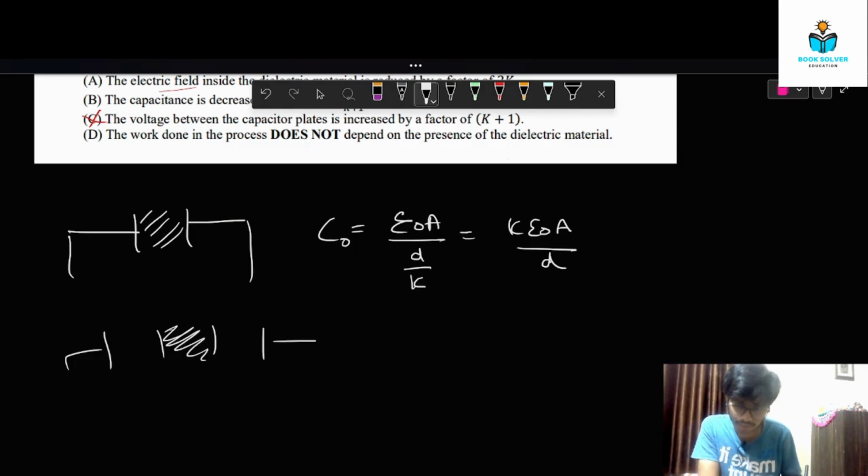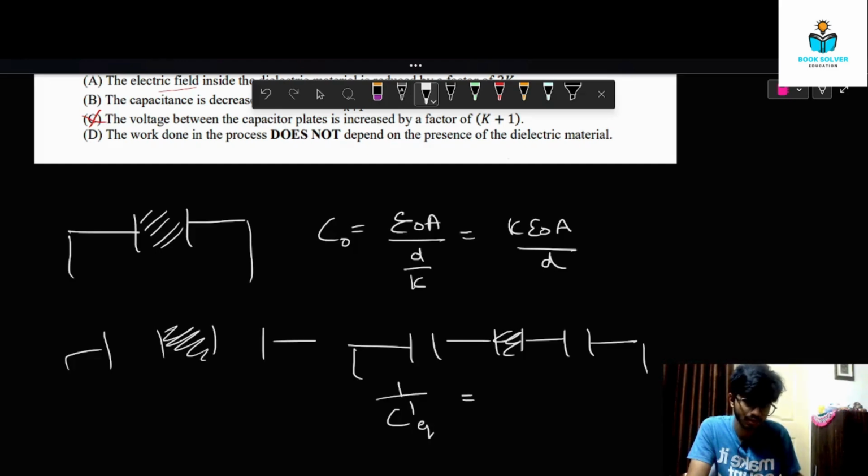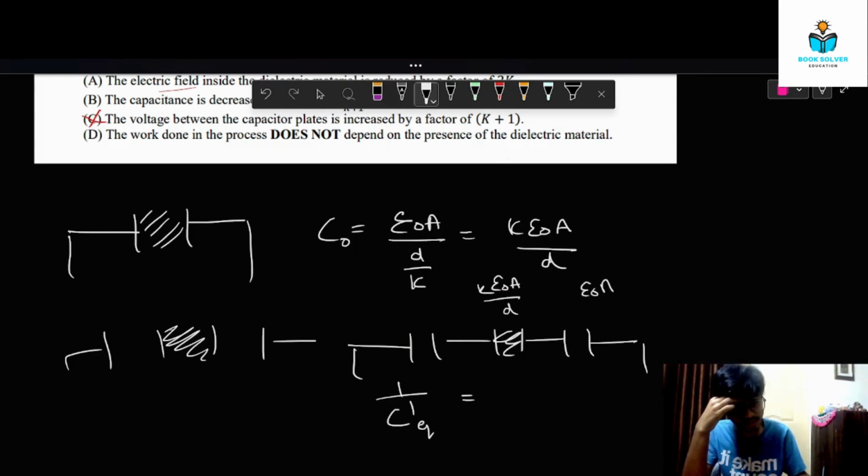It is like 3 capacitors in series, okay? So 1 by C dash equivalent is equal to this would be epsilon naught A by K, alright, it will be the same as this. This would be equal to epsilon naught A by d by 2, and epsilon naught A by d by 2.